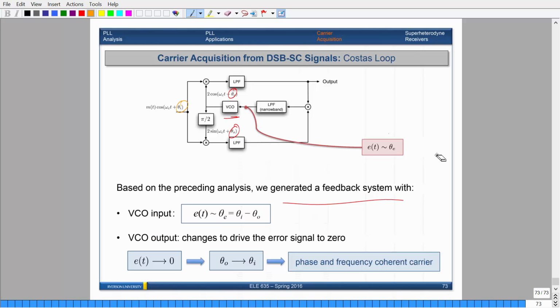Sorry, the error signal is 0, so the frequency should match. The voltage-controlled output changes to drive the error signal down to 0. As the error signal approaches 0, the output and input phases match, and you will finally get the message signal that's expected.